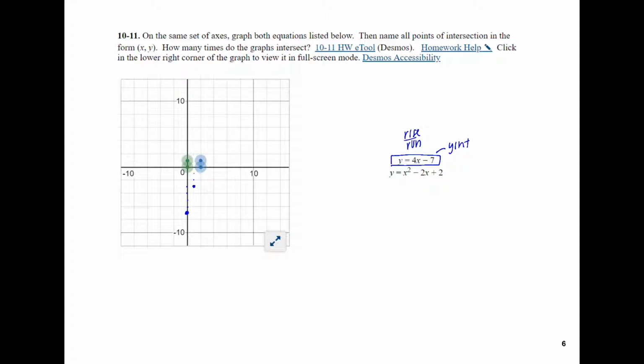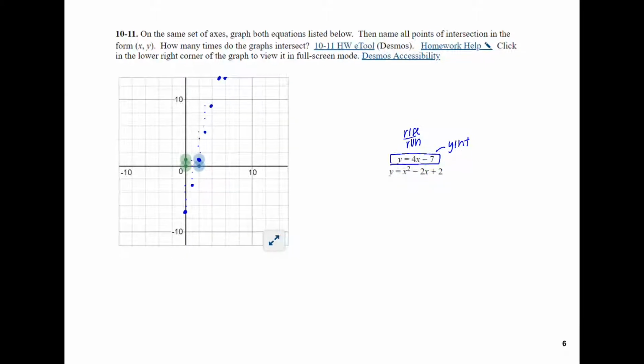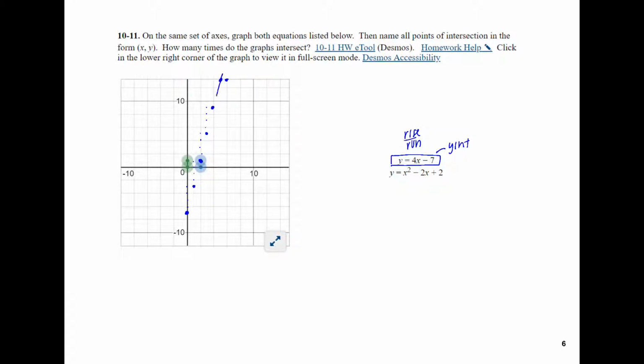Rise 4, run 1. Whoops, I went over too far. Then I can connect my points for my line.